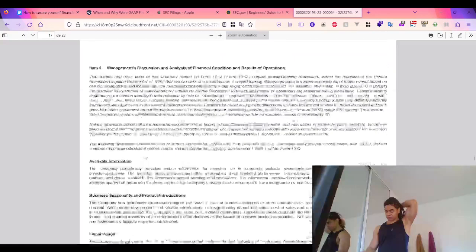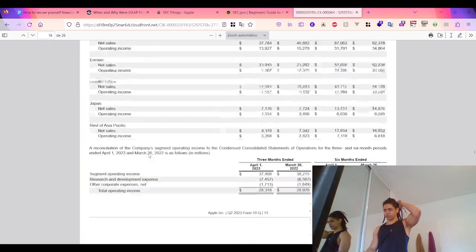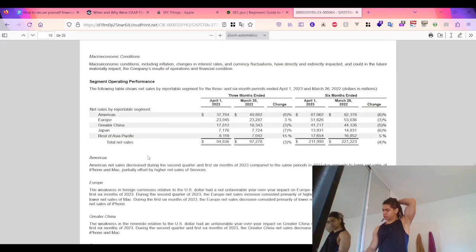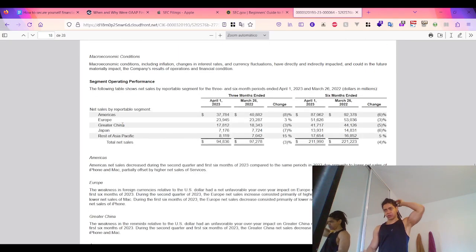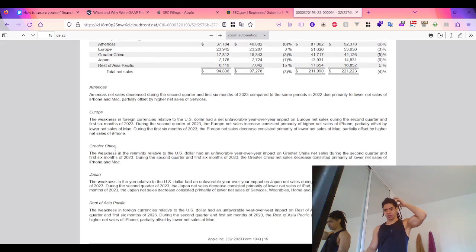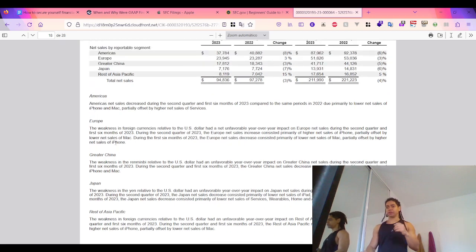So for example, here in the Americas, when they talk about the macroeconomic conditions in the Americas, Europe, Greater China, Japan, and rest of Asia Pacific. Very, very interesting.